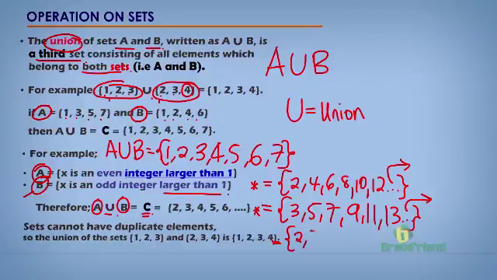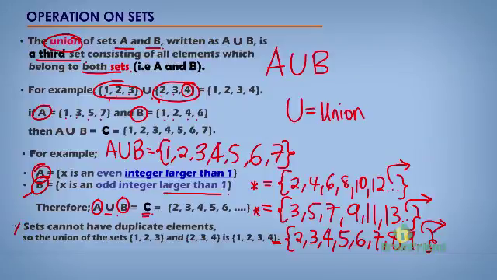From set B would be 3. From set A again, 4. Set B, 5. Set A, 6. Set B, 7. Set A, 8. Set B, 9. And so on. Again, our set will tend to infinity.